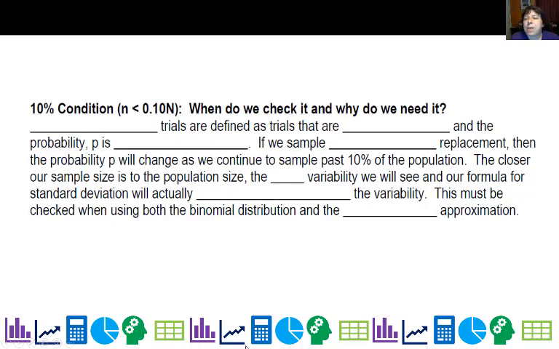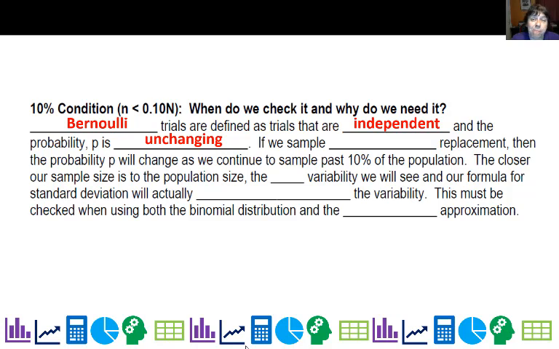Okay, so what are some of the conditions under which we can use a normal distribution, or binomial even? Well, there's the 10% condition. When do we check it and why do we need it? Well, Bernoulli trials are defined as trials that are independent and the probability p is unchanging. If I start taking more than 10% of the population out and keep going, then my proportions are going to change.